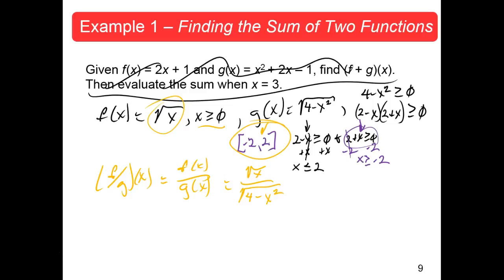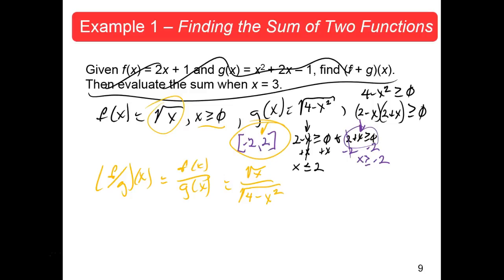Now you're doing an operation with these two functions. What do you do with the domains? They have to be the domains they have in common. The domain of this one is all x greater than or equal to... maybe I erased my number line too soon.